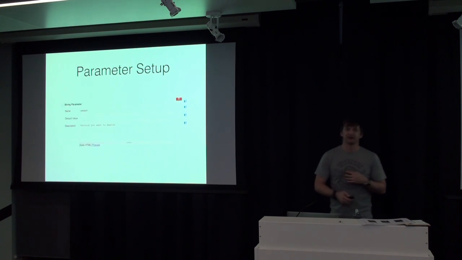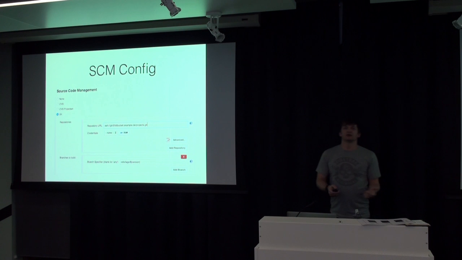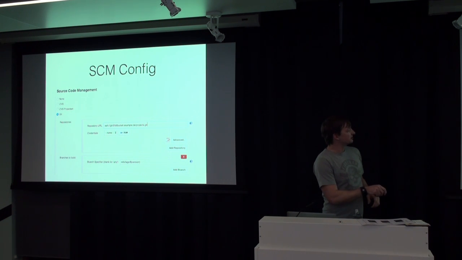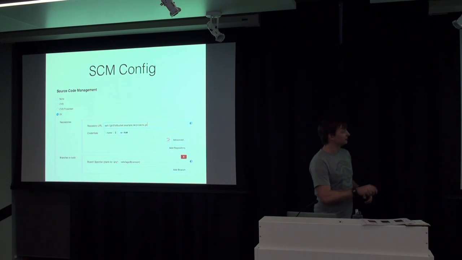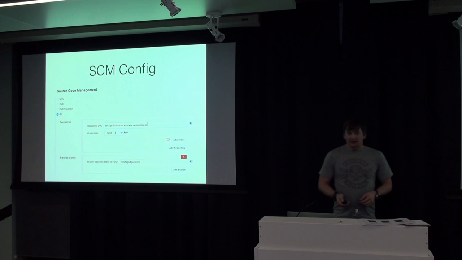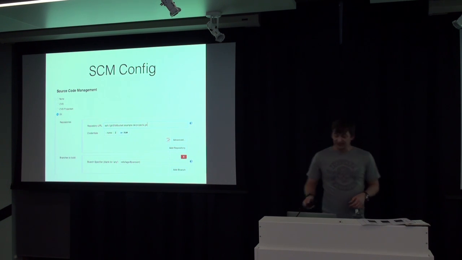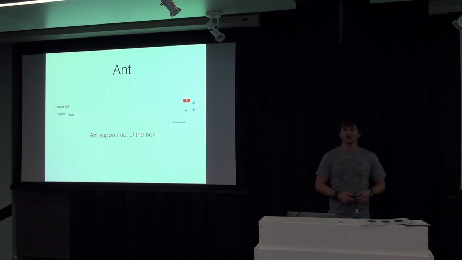So we have to define a version parameter, do our source code configuration, and here we are using the version. So we are assuming there's a tag for your version that Jenkins could check out. And next nice thing where I use Ant. Ant is working out of the box with Jenkins.